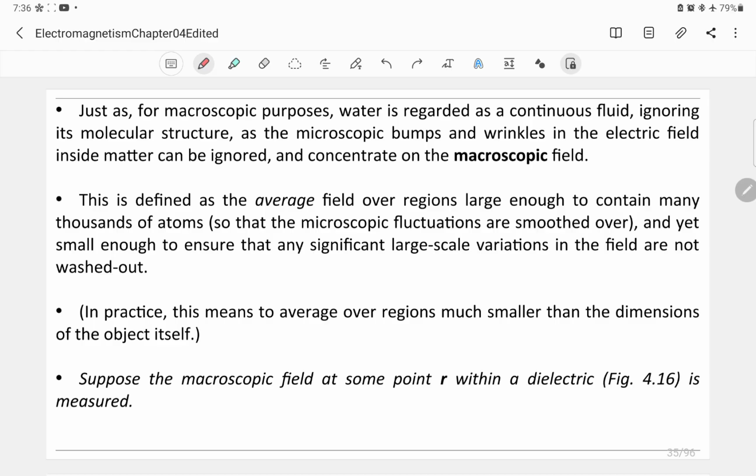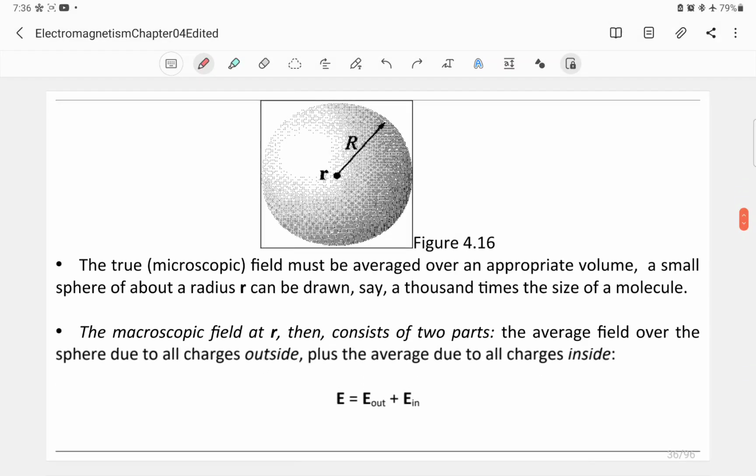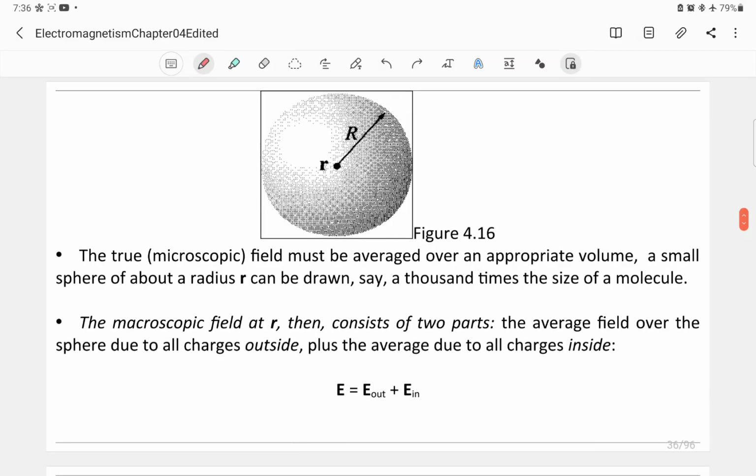Now, suppose we're going to measure the macroscopic field at some point R within the dielectric. Let's look at this figure here. The true microscopic field must be averaged over an appropriate volume.